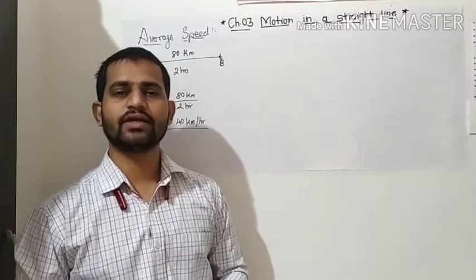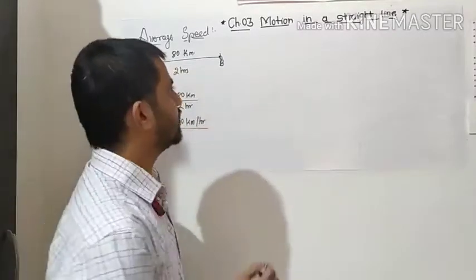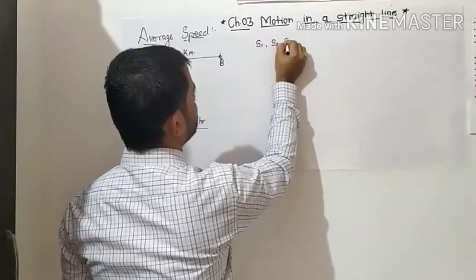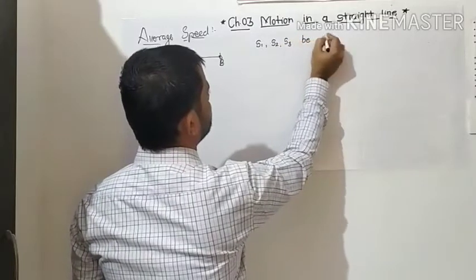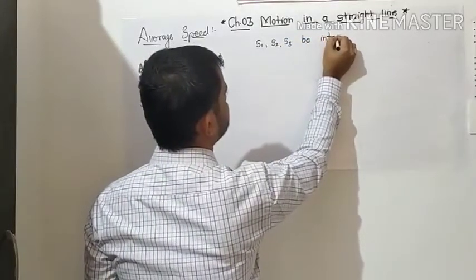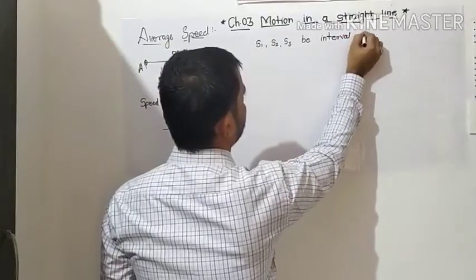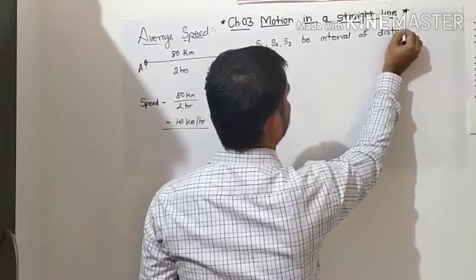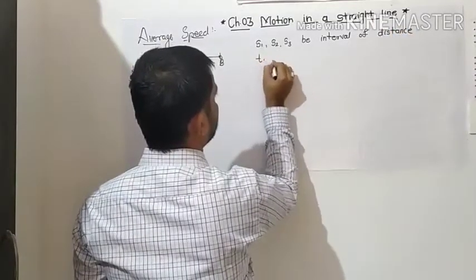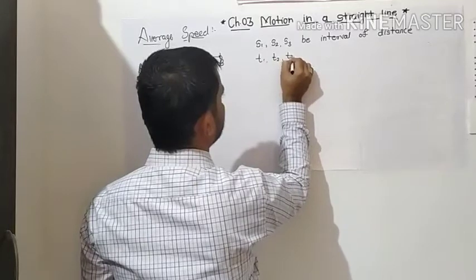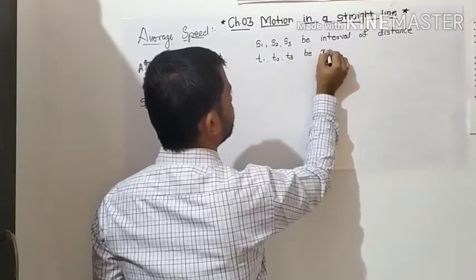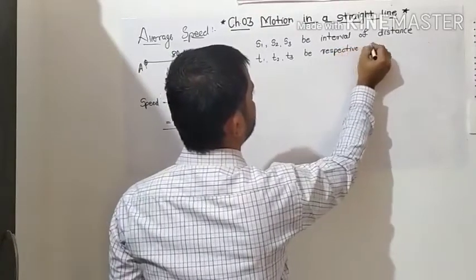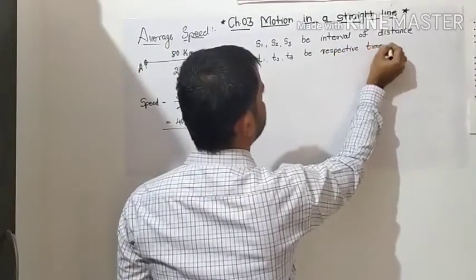So let us suppose that S1, S2, S3 be the interval of distances, and T1, T2, T3 be the respective time intervals.